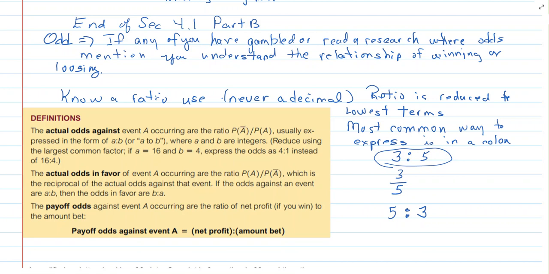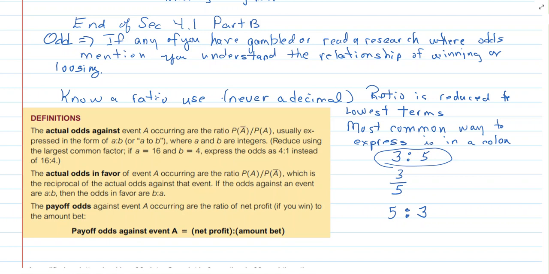So let's read what the publisher wants us to recognize as odds. The actual odds against event A occurring are the ratio of the probability of not the event over the probability of the event. So that means two decimals or two fractions, actually expressed in the form A to B, where A and B are integers, very important, integers.